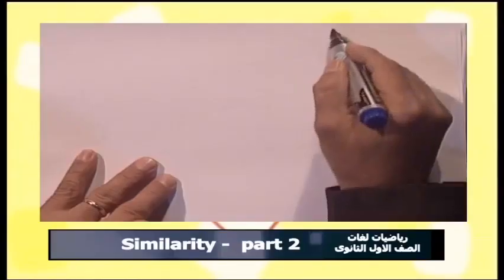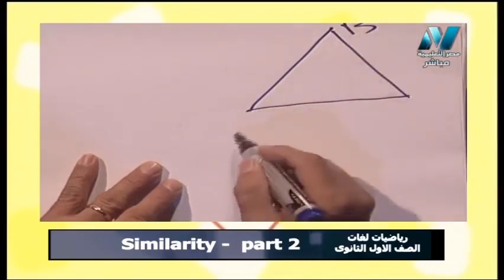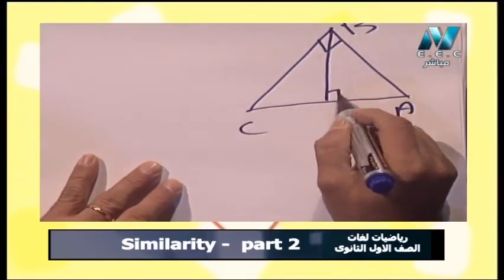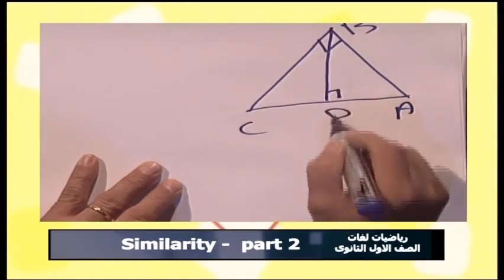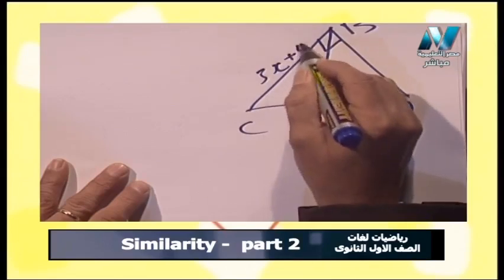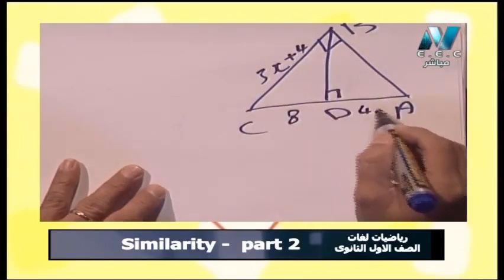We have to draw it again. Right angle triangle BCA, and perpendicular to AC at D here, and we have 3x plus 4, and we have 8 here, 4.5.